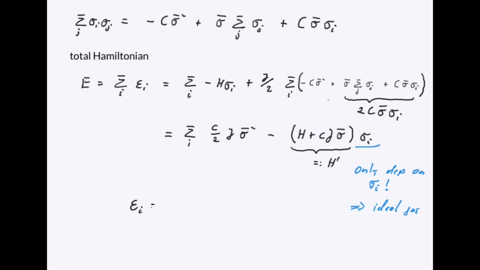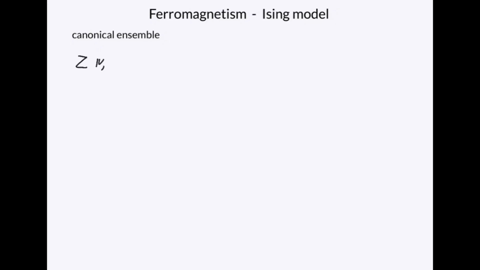and independent of the spin values of any other site, meaning our system is explained in terms of the ideal gas. Let's assume the canonical ensemble.